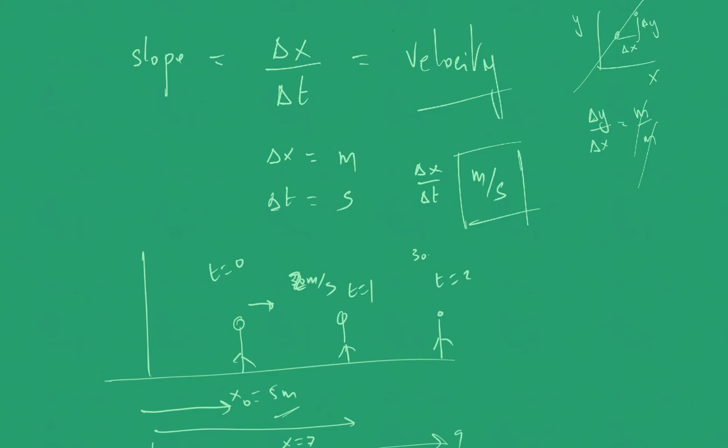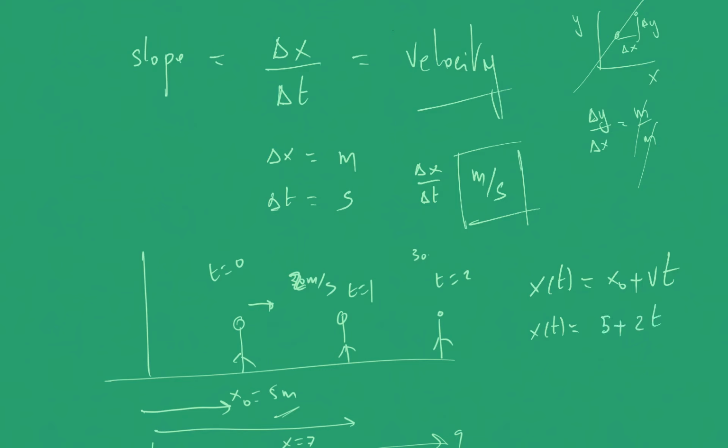But this equation is the equation x of t equals x0 plus v times t. This is the equation that we found before. So x of t is x0, 5, plus v, 2, t. Let's check it. If I plug in t equals 0 here, x will be 5.